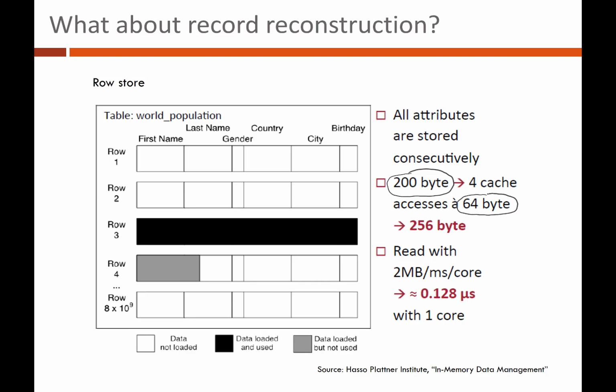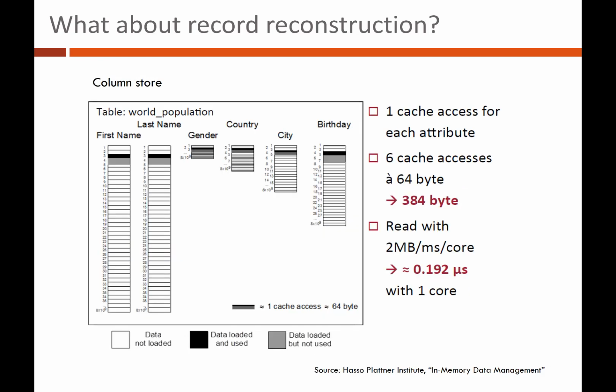You're going to have to stick your bucket in 4 times to retrieve that one record, and you're going to get a little bit of the next record on that 4th read. If you're working on a machine with 2 megabit access per millisecond per core, that's 0.128 microseconds. That's a millionth of a second with a single core processor.